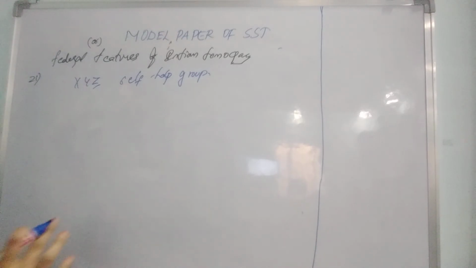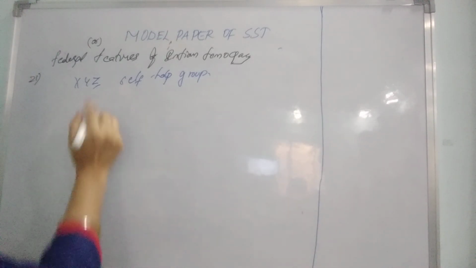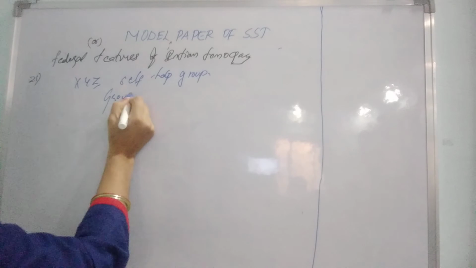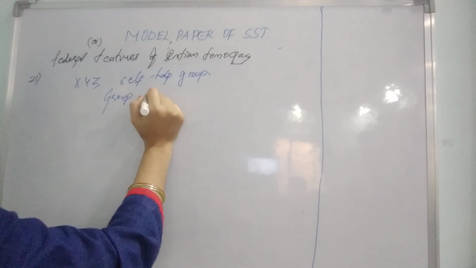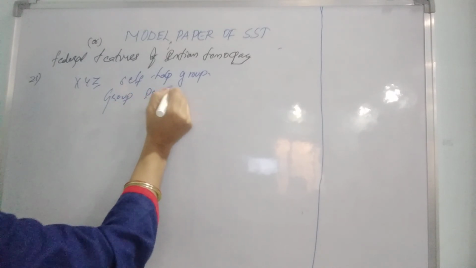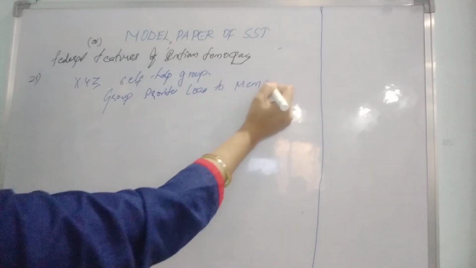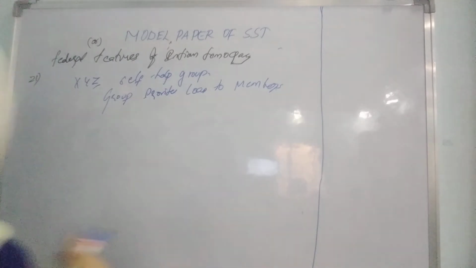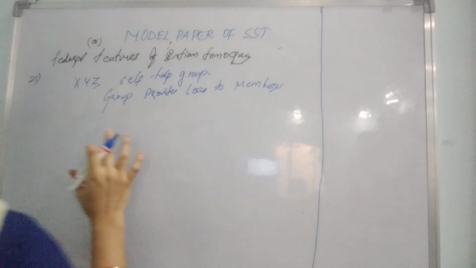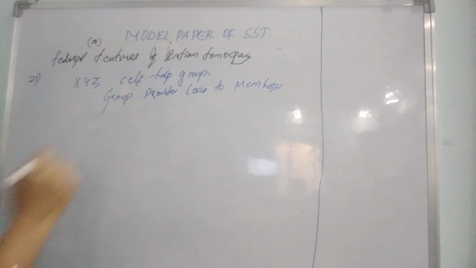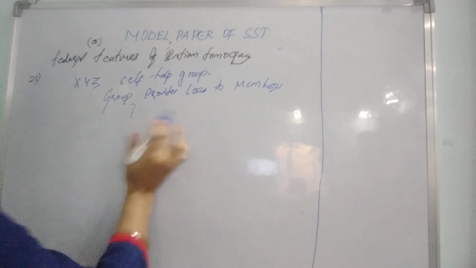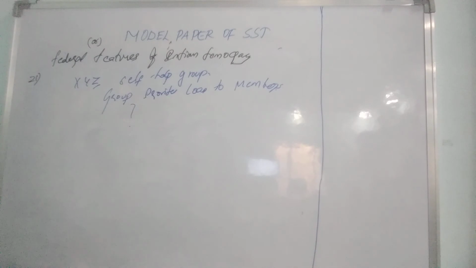Analyze the ways through which your group provides loans to the members. We have to imagine and analyze, and write the ways how your group provides loans to the members. This is our 21st question.